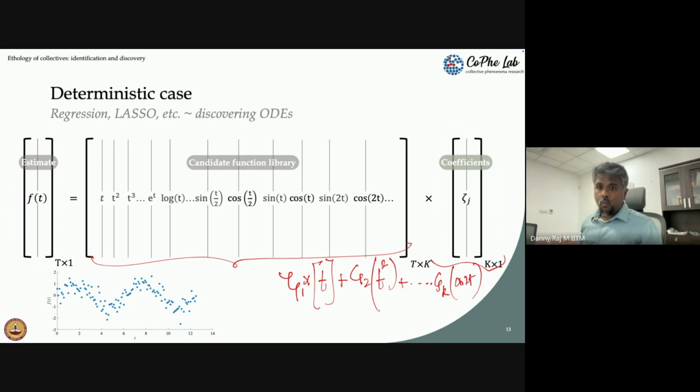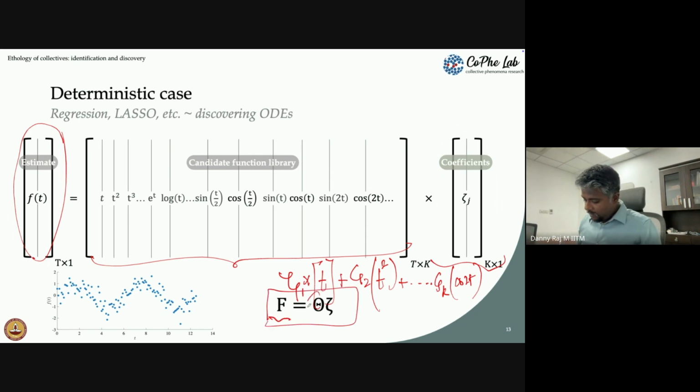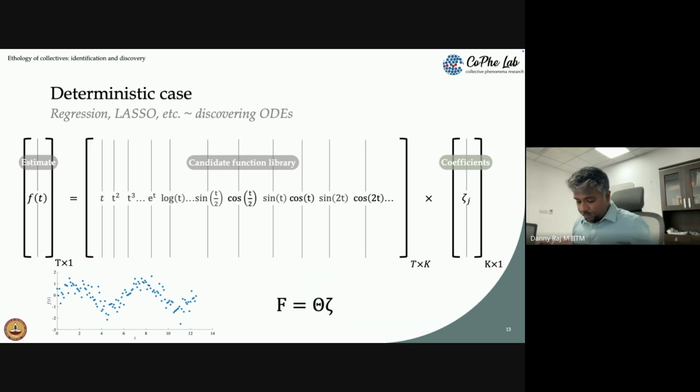So I'm asking the question: what linear combination of these columns will explain the data that we observe? Is that clear? This is what gives you the linear regression problem, where f is the candidate and this is the psi. I hope you understand this comes from data. Once you decide on what all functions should be candidate functions, you can evaluate this matrix.